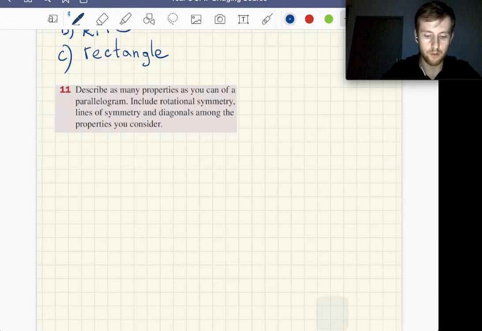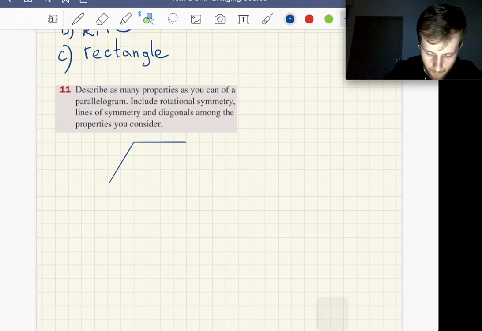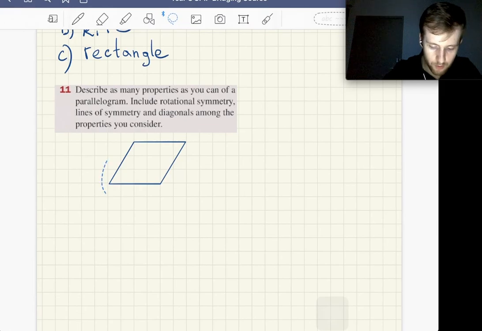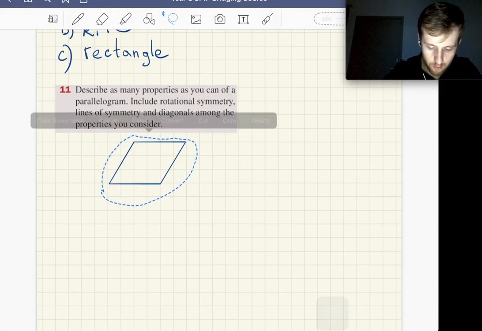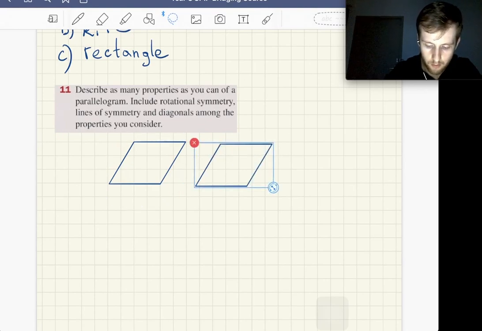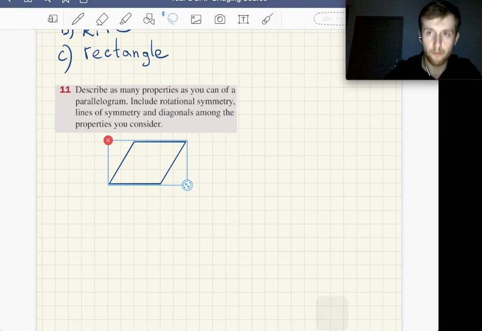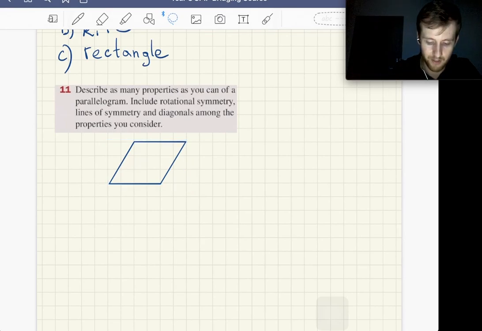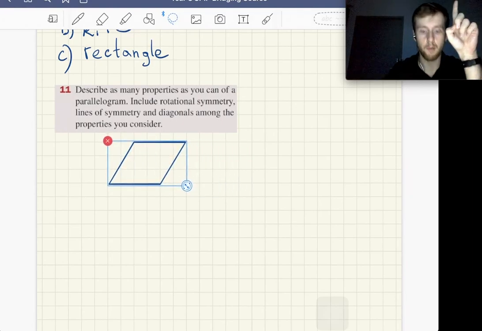So what is rotational symmetry? Let me try to show this to you. First I have to draw the parallelogram. Let's say this is our parallelogram. Rotational symmetry is basically how many times the shape is going to fit itself when we rotate it. When we start, it's already one time, and then we go clockwise.